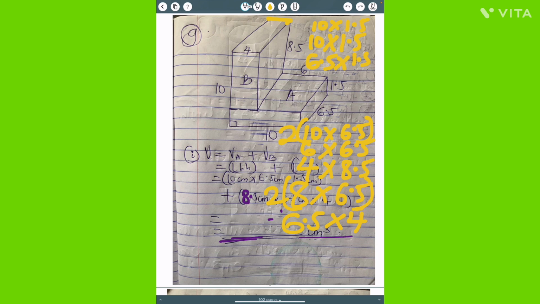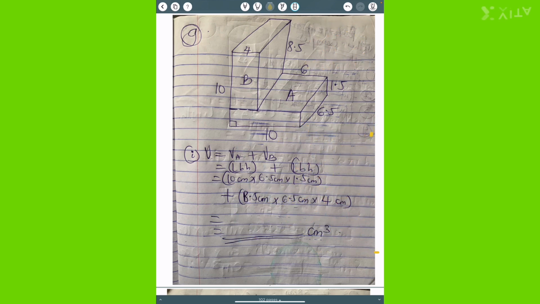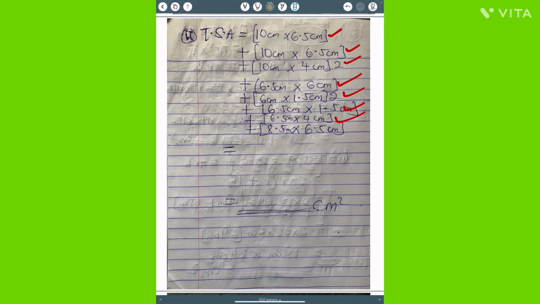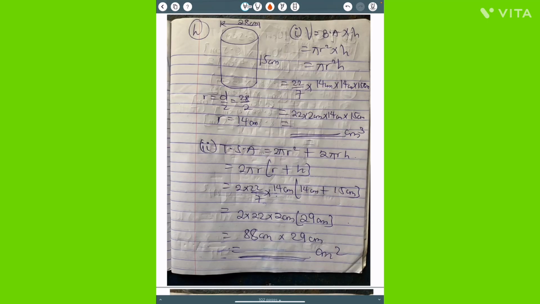So that's all the area of the shape. So you add up everything and you get your answer. The solution is at the back here. So we have counted together now. Let me show you where the solution is. The solution is right here, how I did it. So you add each of these answers and you will get the total surface area of the solid.